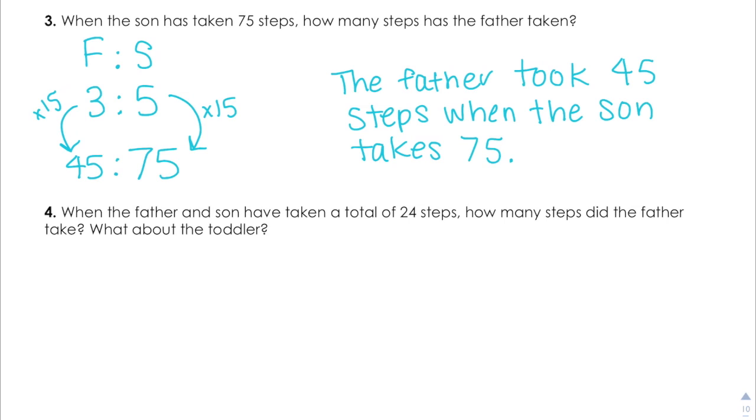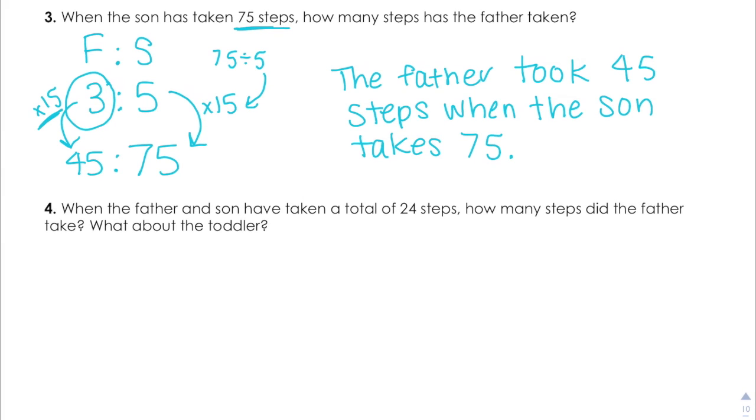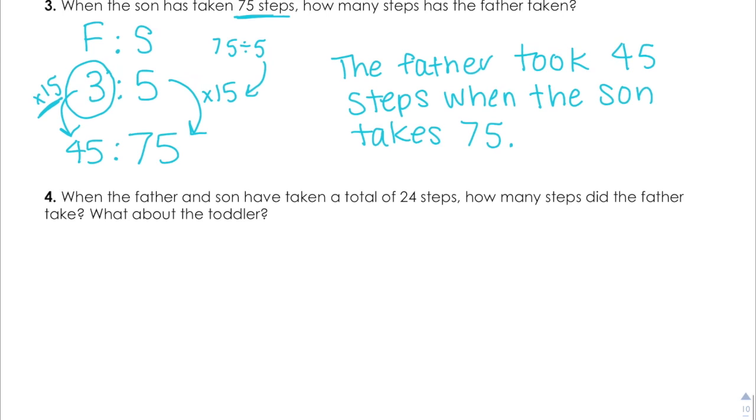Some of the biggest mistakes I saw in this problem was a lot of people were dividing 75 by 3 or 75 by 5, but then not taking the additional step to multiply. First of all, if you were dividing by 3, that's wrong because 3 belongs with the father and we're talking about the son. So 75 divided by 5 would have gotten you the 15 here, but then a lot of people forgot to multiply it times the 3 to get the 45.